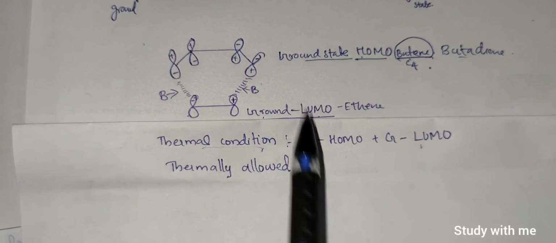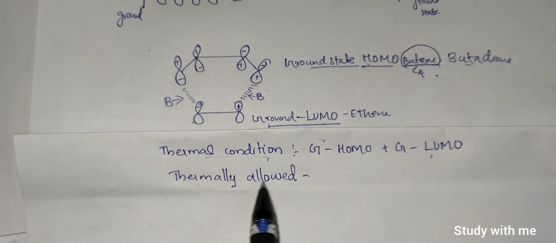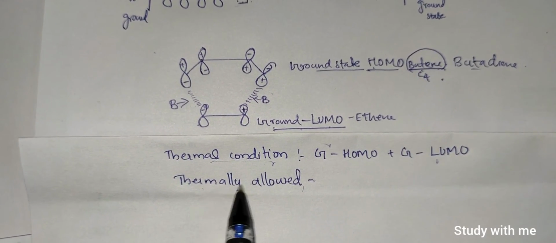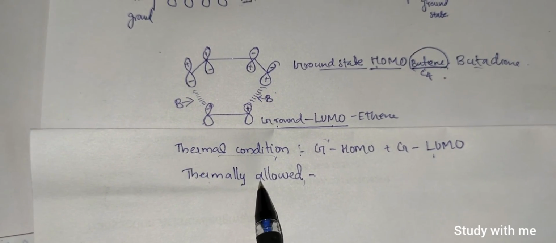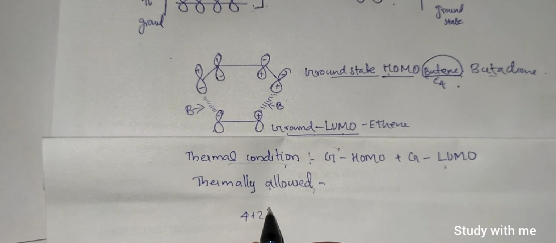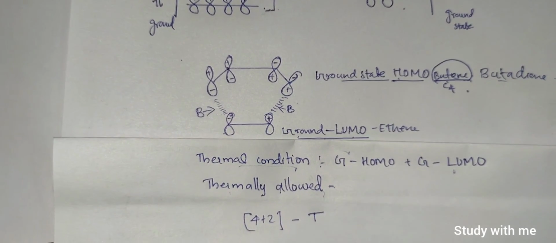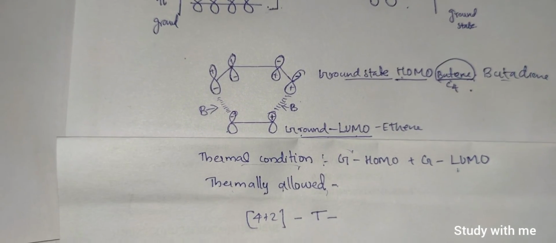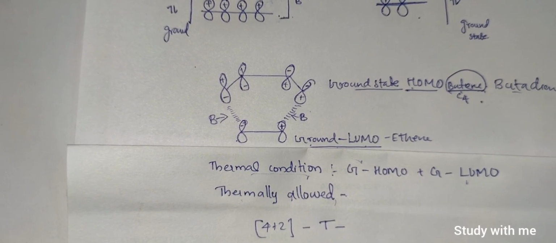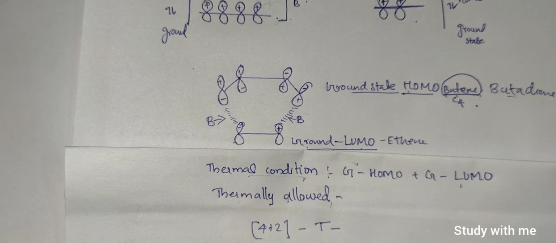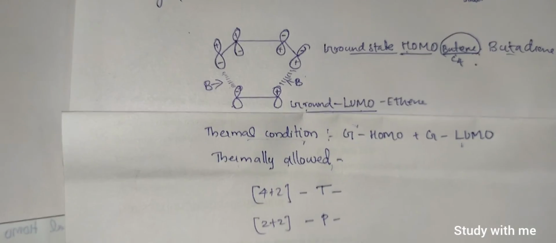So if this forms a bond, this will be allowed symmetry. So this can be thermally allowed. So the condition will be thermal condition. For 4+2 cycloaddition, this will be thermal addition, and in the first case, 2+2 cycloaddition, that was the photochemically allowed condition. So that was photochemical condition.